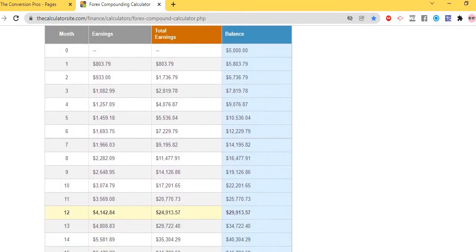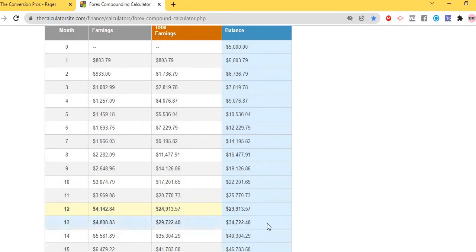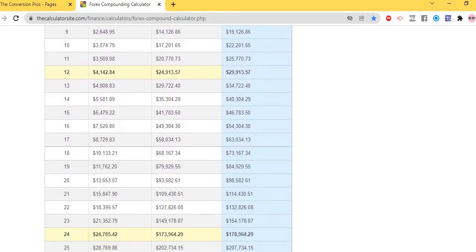So your first year, as you know, you're gonna make $29,913.57, and then you're gonna start off the new year with $34,000. Okay, and then you're gonna do that for a full year.